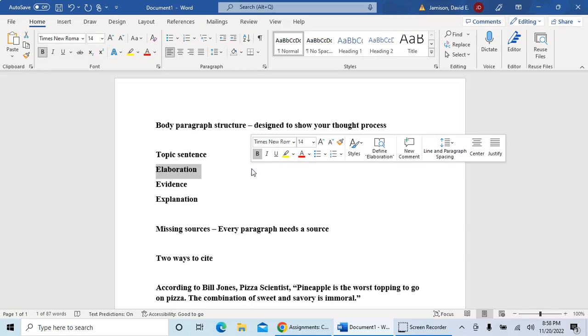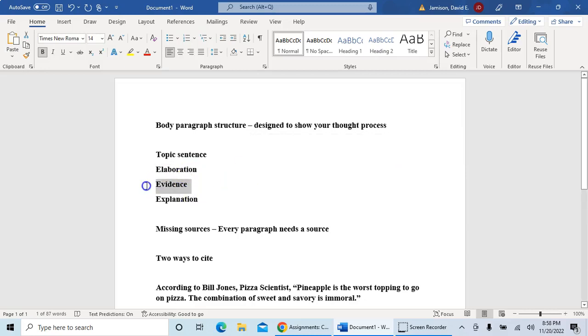The evidence then is the next part, and that's where you bring in something from an expert or an article or a study or whatever to support whatever it is that you're saying. Whether you're doing informative stuff or not, you need to have at least one piece of evidence. You can have a lot of evidence.